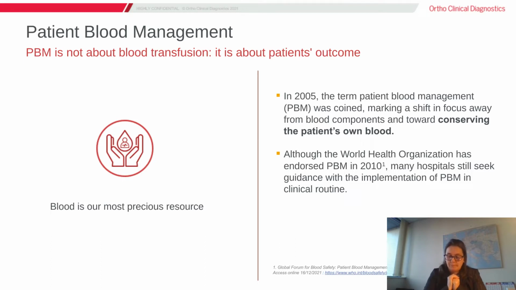The patient blood management concept was introduced in 2005 and endorsed by the WHO in 2010. But many hospitals still seek guidance with the implementation of PBM in clinical routine.